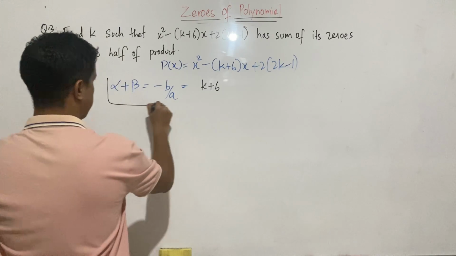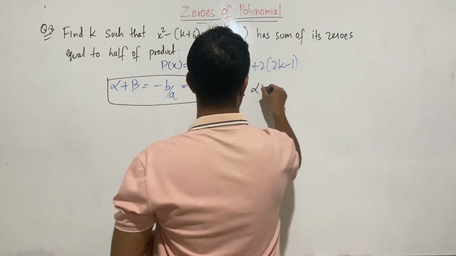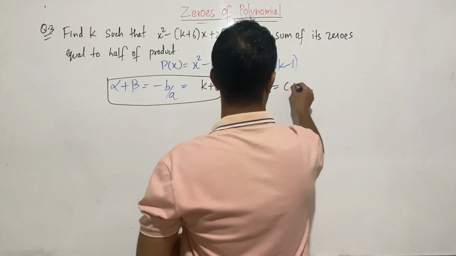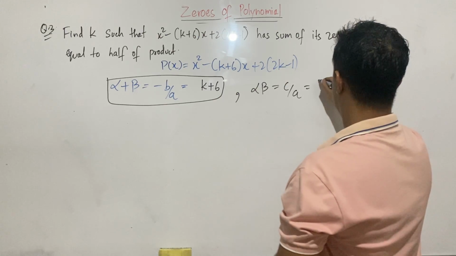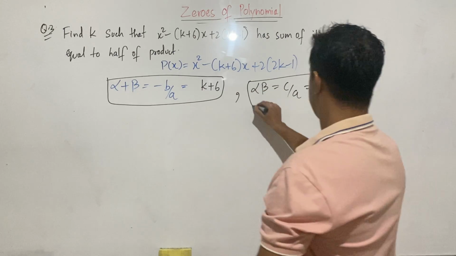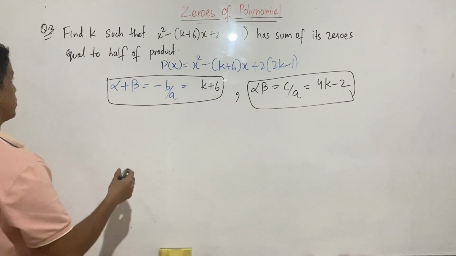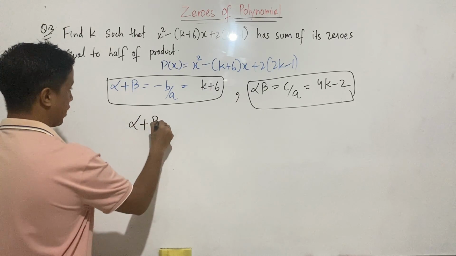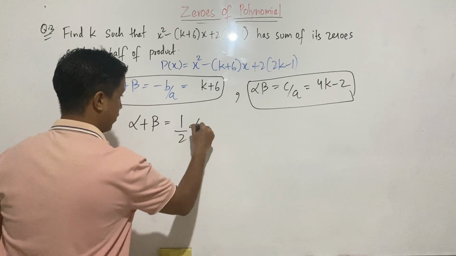So alpha plus beta is k plus 6, and alpha beta is c by a, which is 2k minus 1. Now it says the sum of its zeros equals half the product, so alpha plus beta is equal to half of alpha beta.